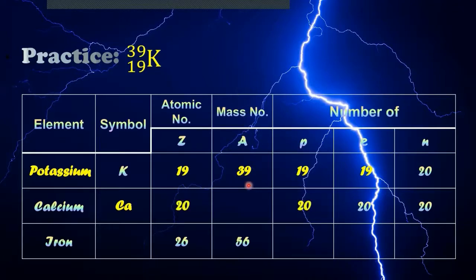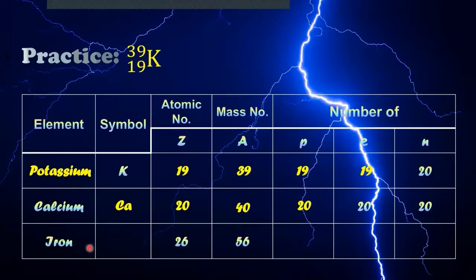Now to get the mass number, simply add. It depends on what is given. If electron is given, then electrons plus N. If proton is given, then proton plus N. If atomic number is given, then Z plus N. It depends on what is given. Anyways, ZEP is always equal. So we have 20 plus 20 is equal to 40.